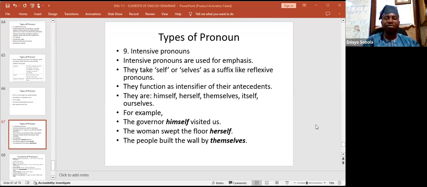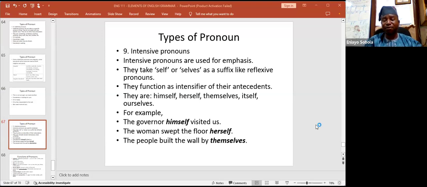Now, the next one is intensive pronoun, which may be the last type. Intensive pronouns are used for emphasis. To form the intensive pronoun, you need to add self to some personal pronoun, like reflexive pronoun. You should note that they perform an intensifier function.